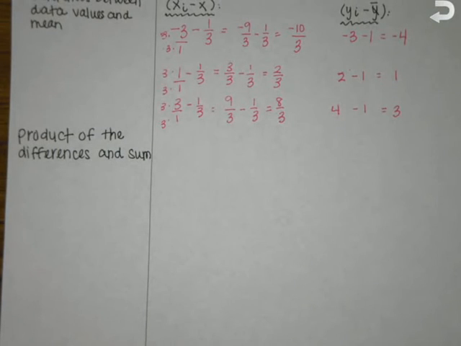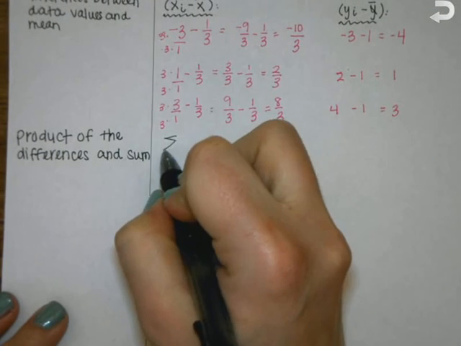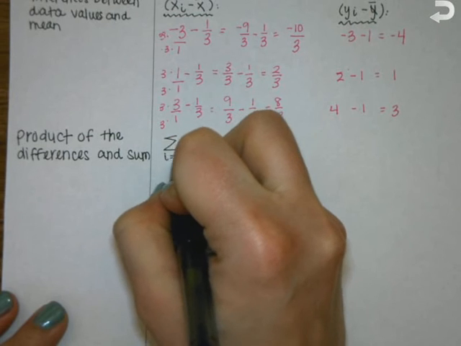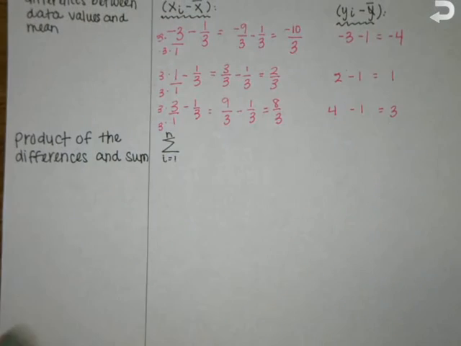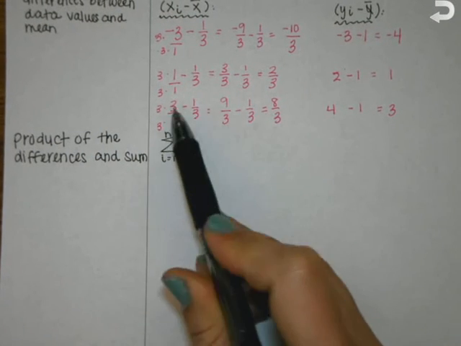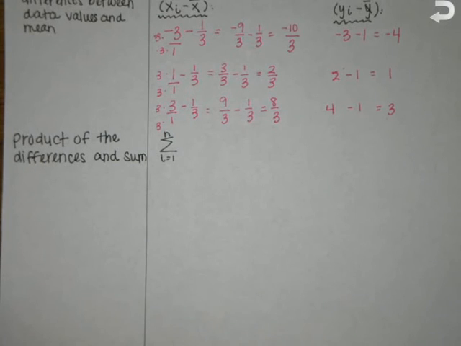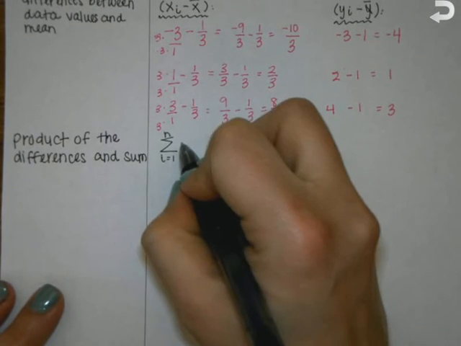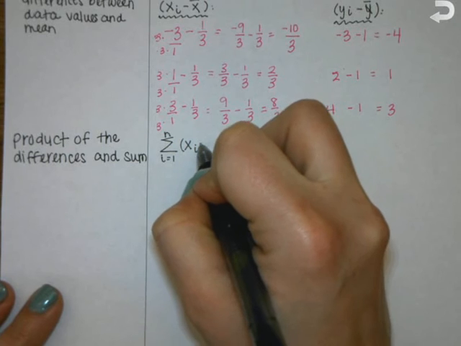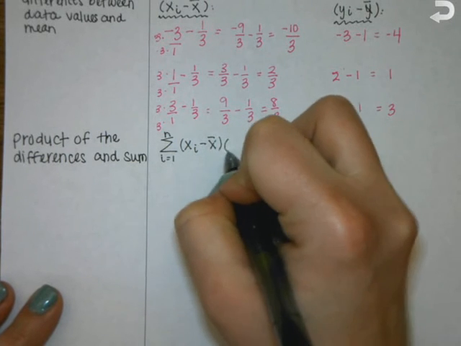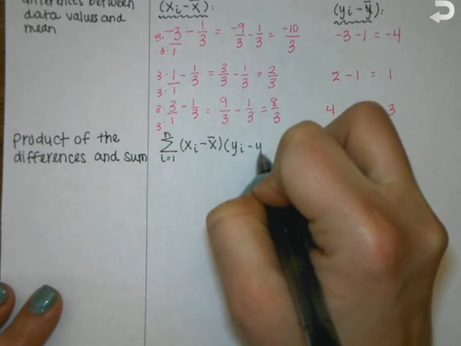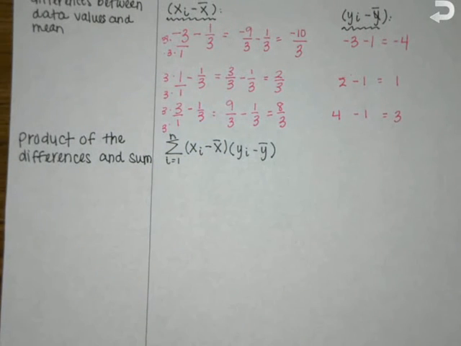So that means we're doing this part, the sum from i equals 1 to n of x i minus x bar times y i minus y bar. It's the same if you put it to the side as if you put it on bottom and top. So we're doing this part right now.